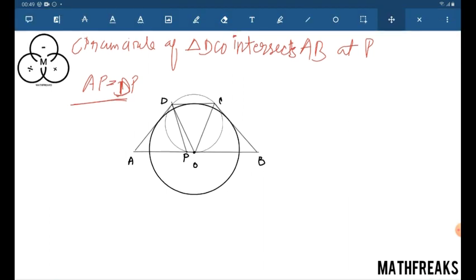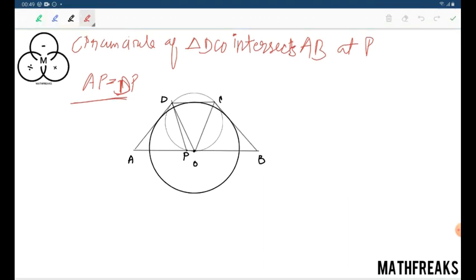Clearly visible, CDPO is a cyclic quadrilateral.